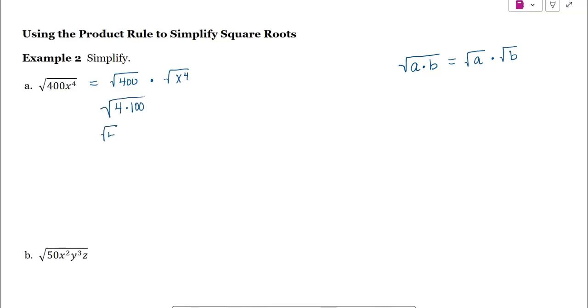So if we split this up into two separate square roots, square root of 4 and square root of 100, I would see, oh, I've got 2 times 10, which is 20. So yes, the square root of 400 is 20.